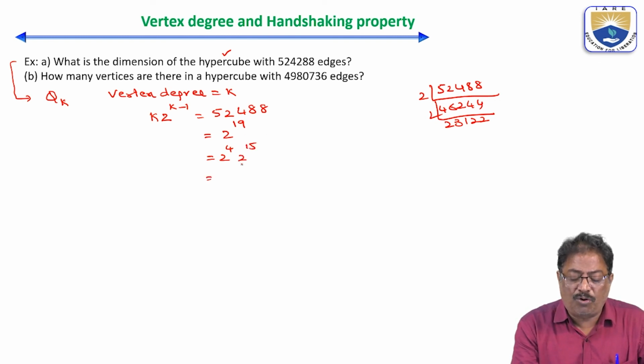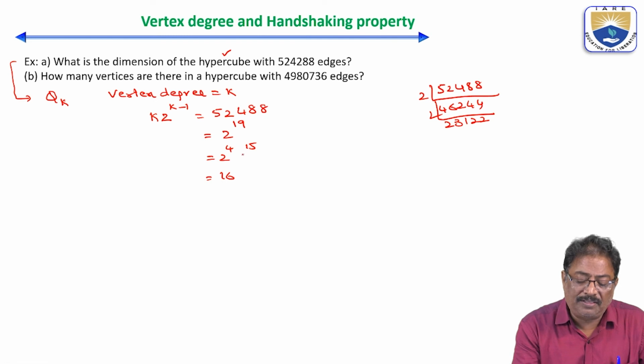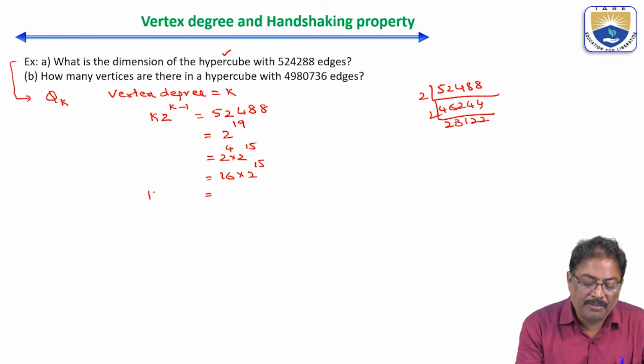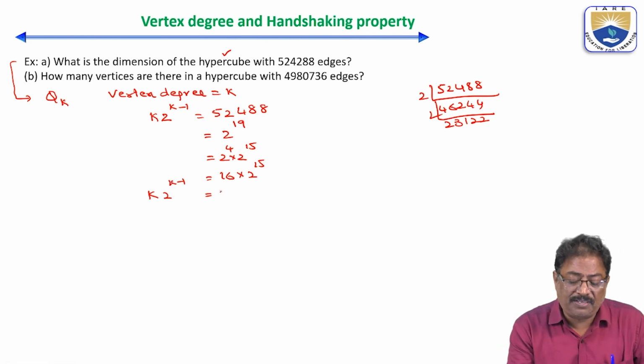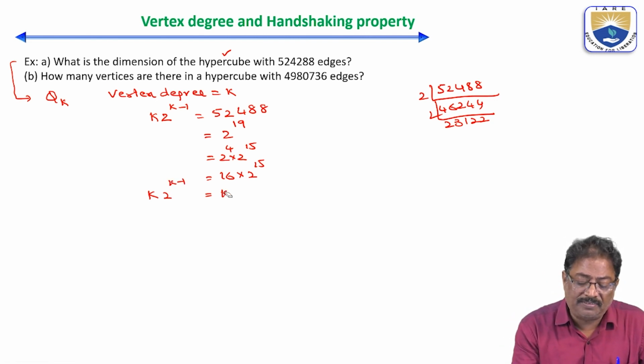2 to the power of 4 is nothing but 16. So just comparing with k times 2 to the power of k minus 1, this is k, which is 16, and 2 to the power of 16 minus 1.